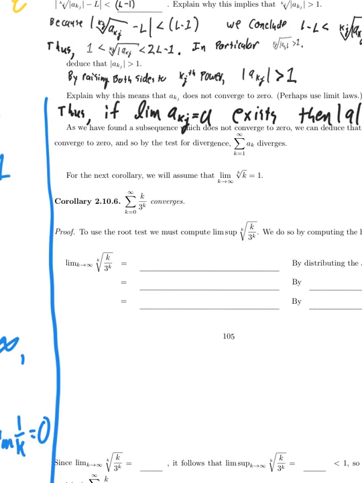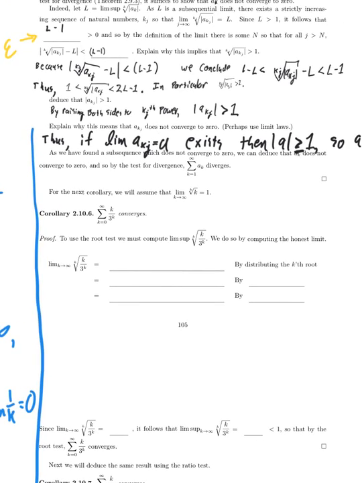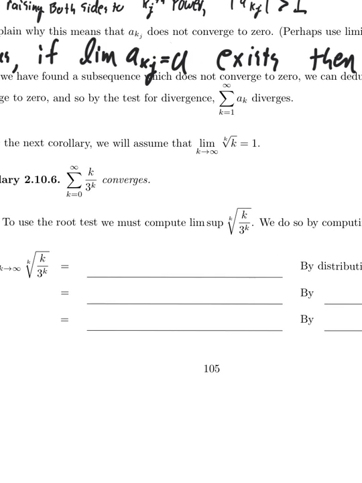Let's use that to prove that this series converges by using the root test. If we're going to use the root test, then we need to compute the limit superior of the sequence of kth roots of the terms of the sequence. Notice the terms of the sequence are all positive, so I don't need to worry about absolute value bars. Well, if the limit exists and we can compute the honest-to-God limit, then we'll know the lim sup automatically. So let's compute the limit as k goes to infinity.